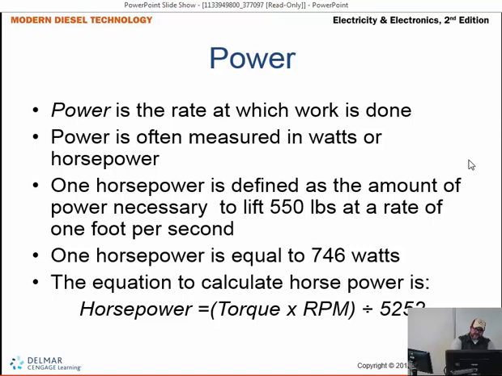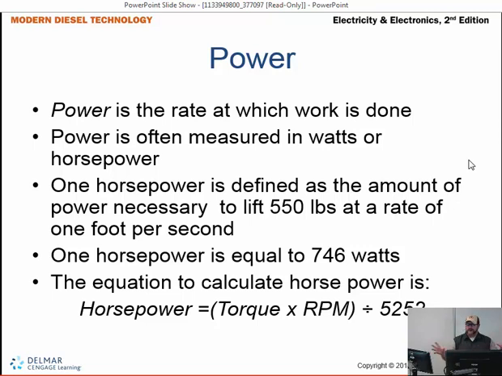So let's put 50 pounds more into our box, and let's say a really strong person could move that 550-pound box 1 foot in a second. Then that person would have 1 horsepower. And that 1 horsepower would be equal to 746 watts.